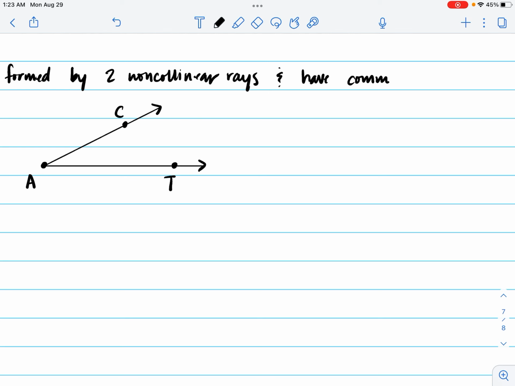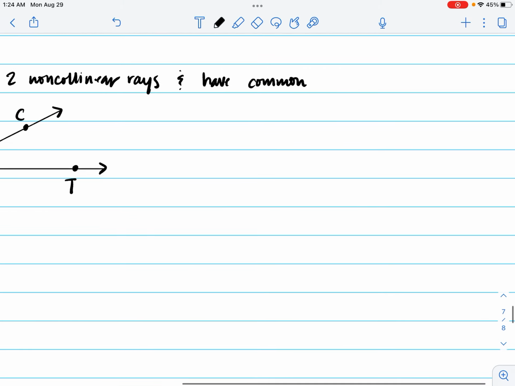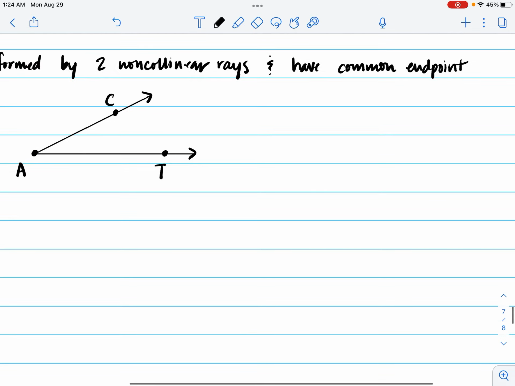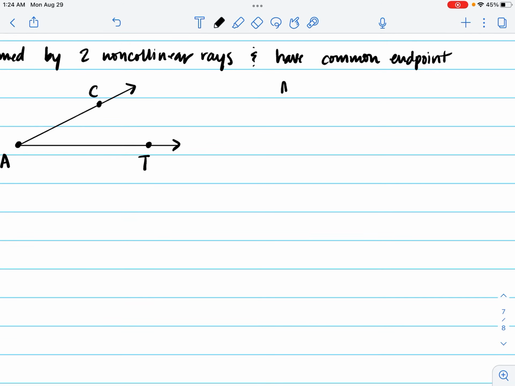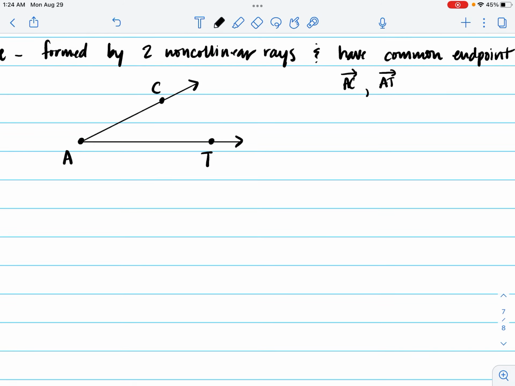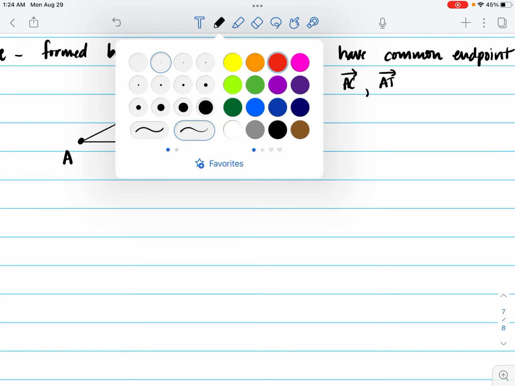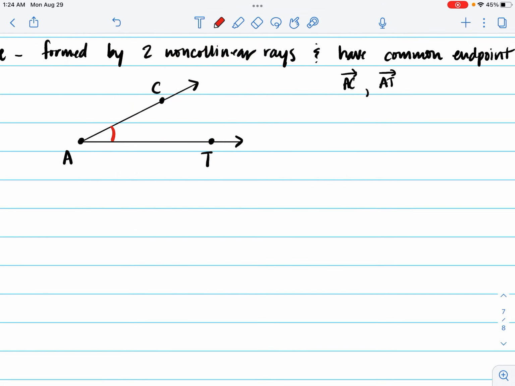In this case, our common endpoint is A. So A is the common endpoint because we have two rays: ray AC and ray AT. A would be that common endpoint, and we see an angle that gets formed right at A.